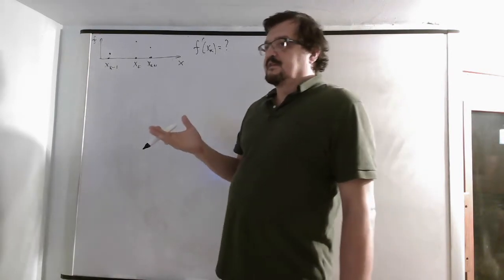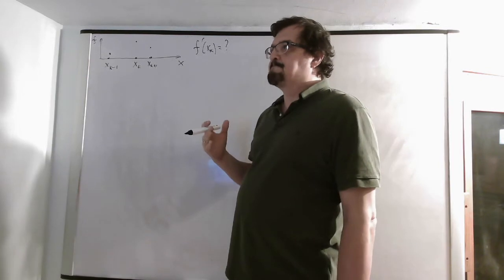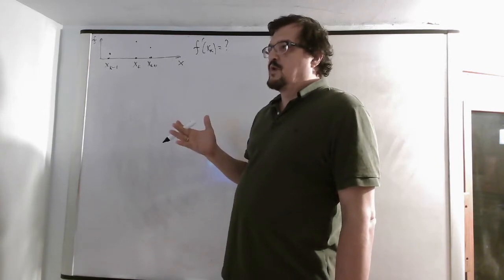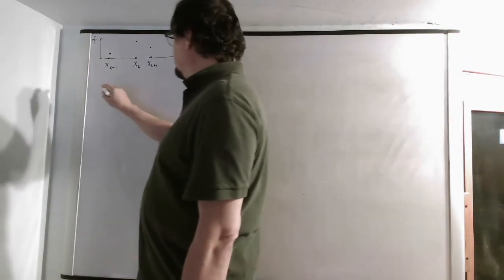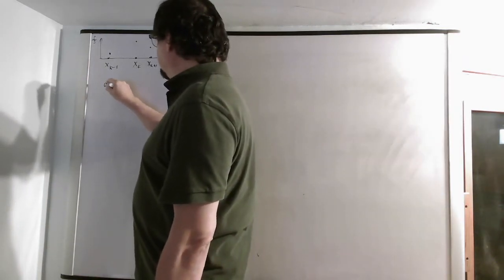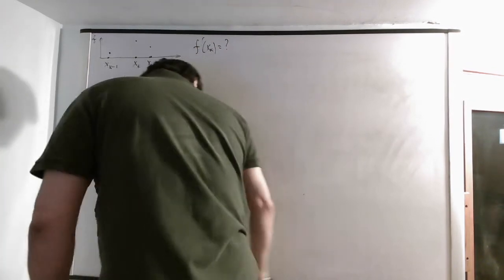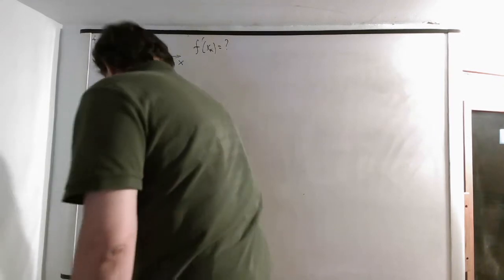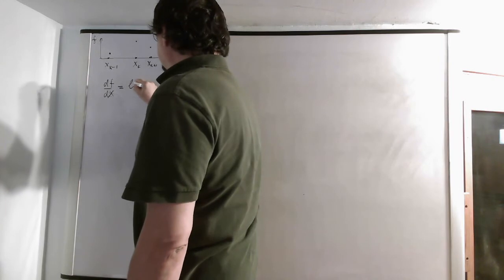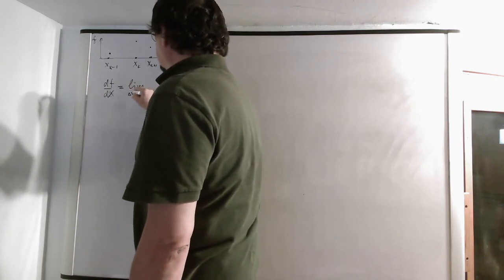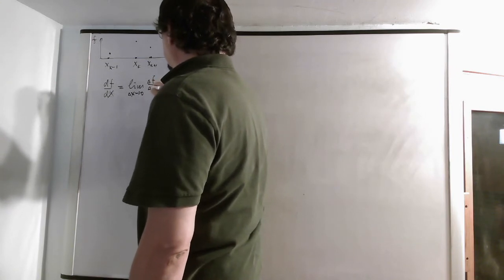So you can approach this in various ways. First, you would think, okay, I can use the definition of derivative from calculus, which says that the derivative equals the limit as delta x approaches 0 of delta f divided by delta x.